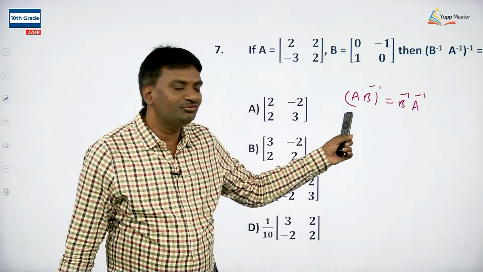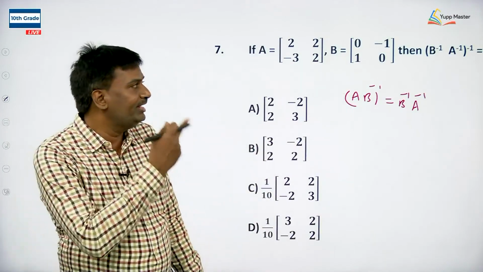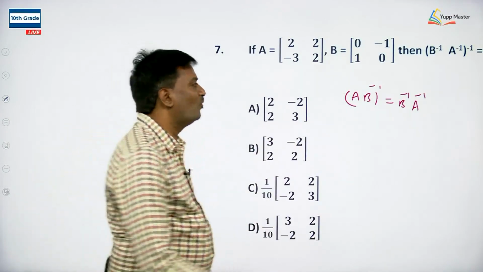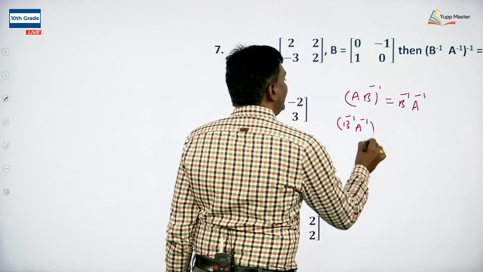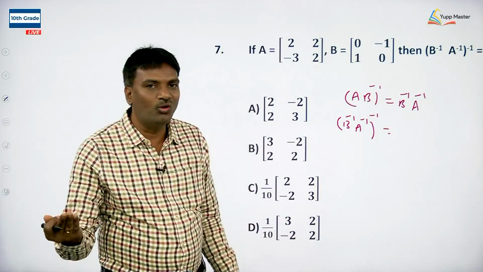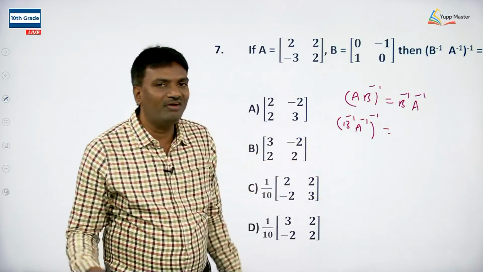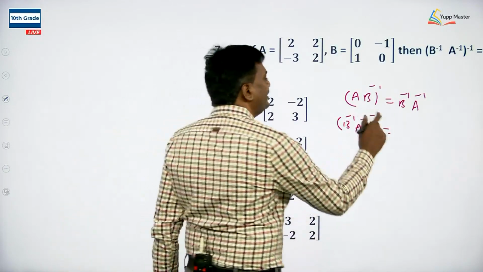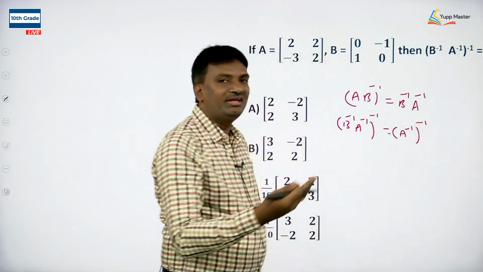Now let us use this property for the given problem. Here we have B inverse into A inverse, whole inverse. If we compare this with AB whole inverse, in place of A we have B inverse, in place of B we have A inverse. So that is A inverse whole inverse into B inverse whole inverse.